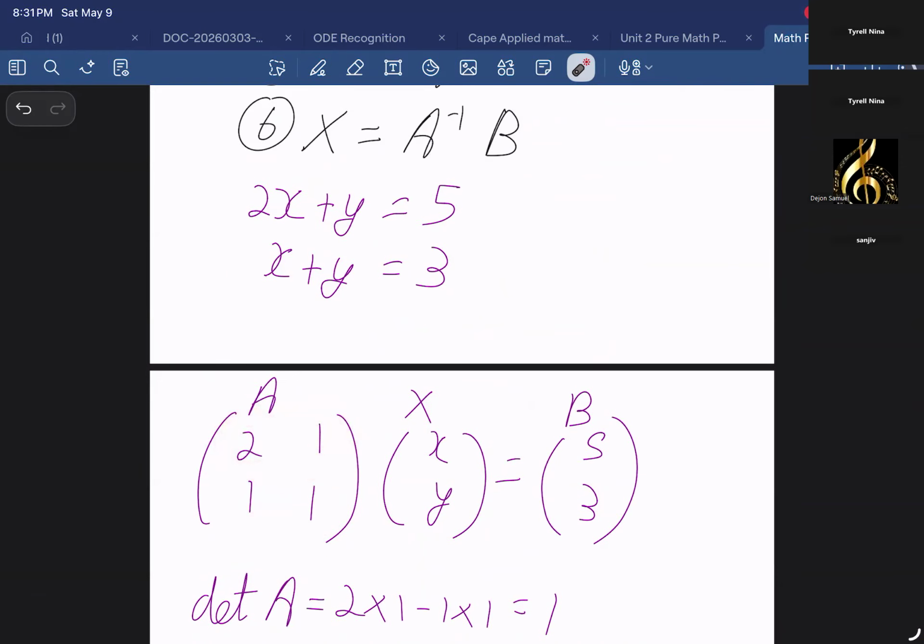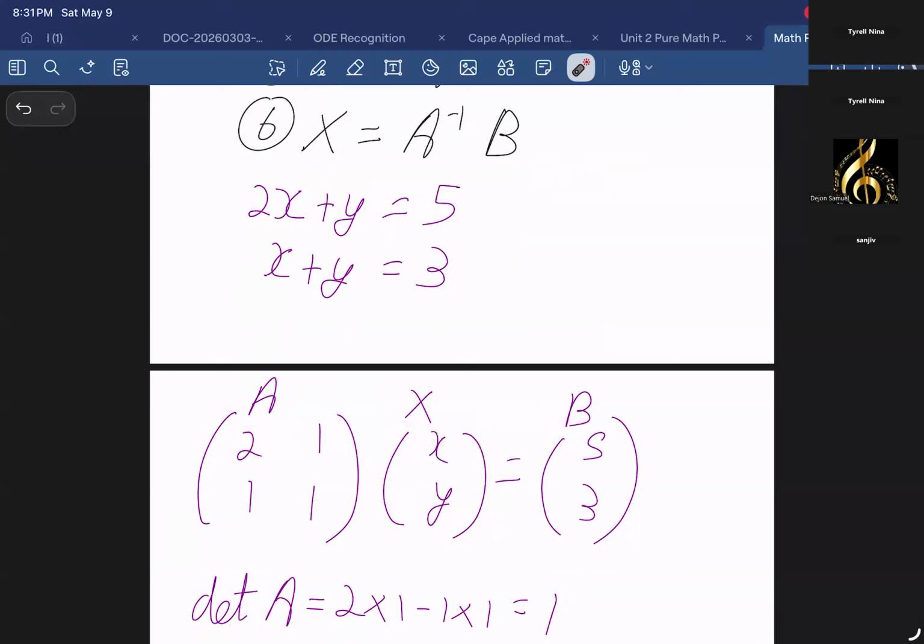I then take x and y and make my other matrix here. And then finally, that is equal to this side here, 5, 3. So that's how you set up solving a simultaneous equation with the use of matrices.